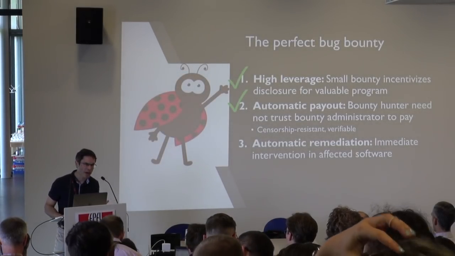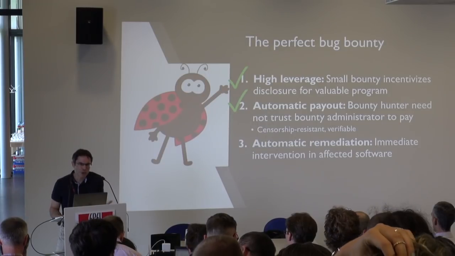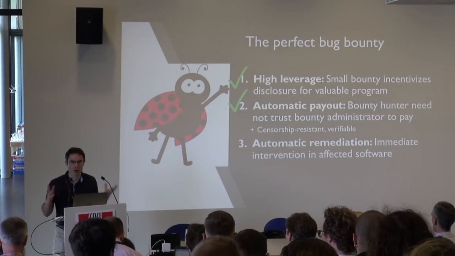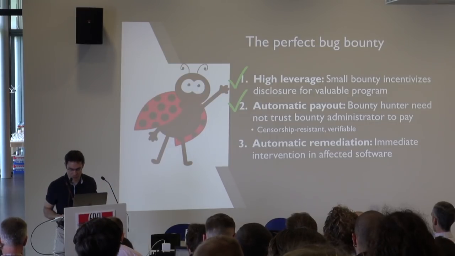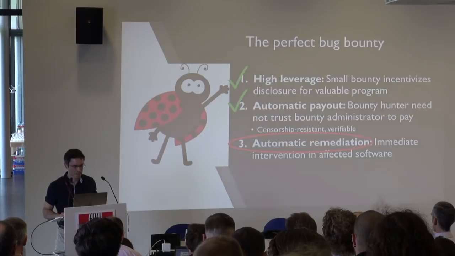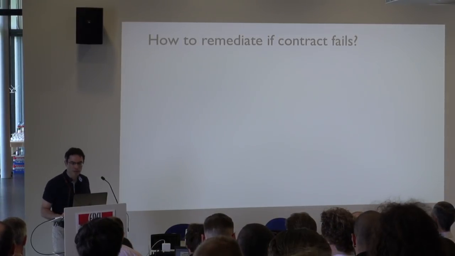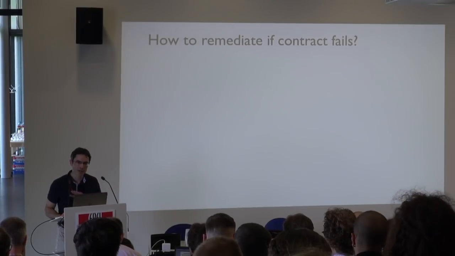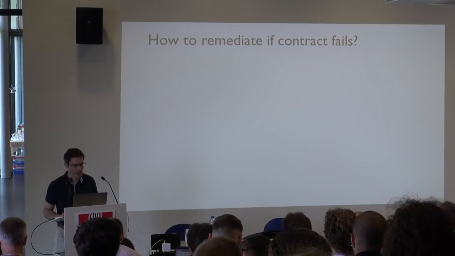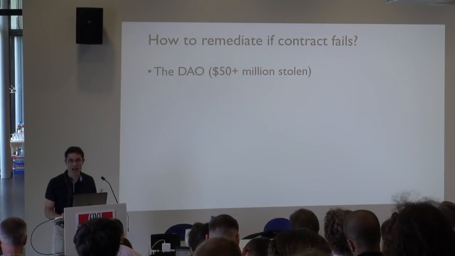How about automatic remediation, though? What do we do when a bug is discovered, apart from just aborting, which could risk freezing the funds in the smart contract? Well, it's helpful to take a look back at those prominent vulnerabilities and exploits that I discussed in Ethereum, like the DAO.